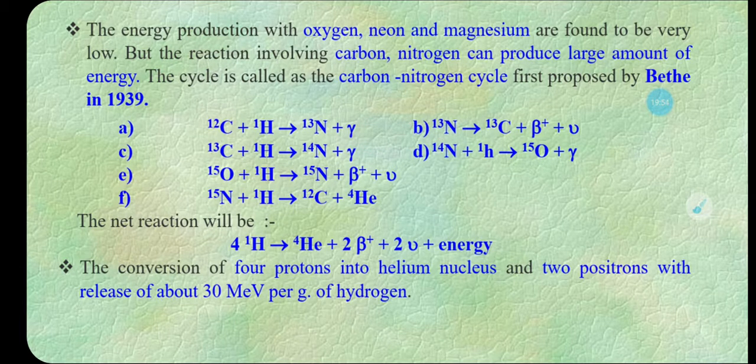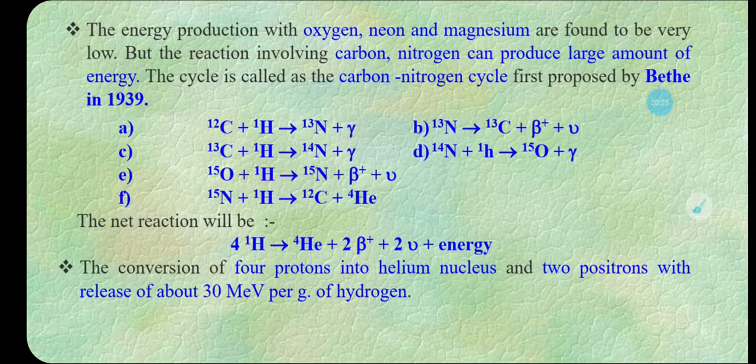This N13 radioisotope disintegrates into C13 carbon plus positron plus antineutrino. In the third step, this C13 again combines with a proton and gives N14 nitrogen plus gamma radiation.